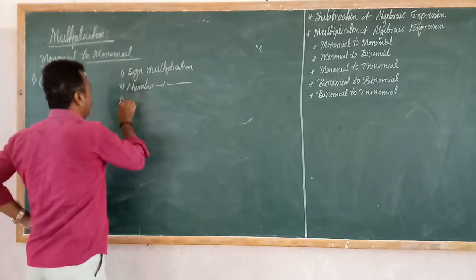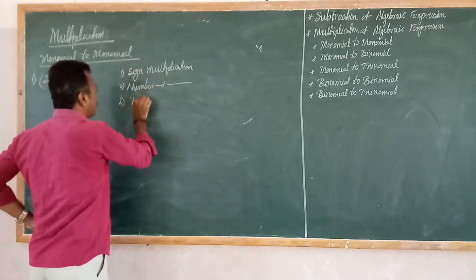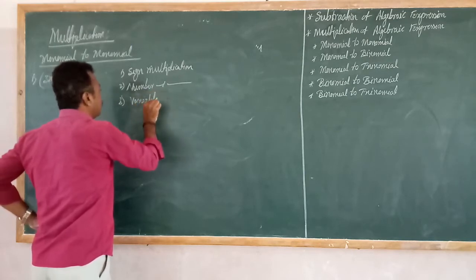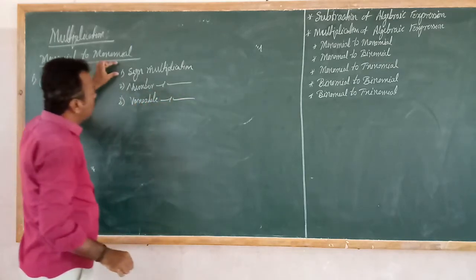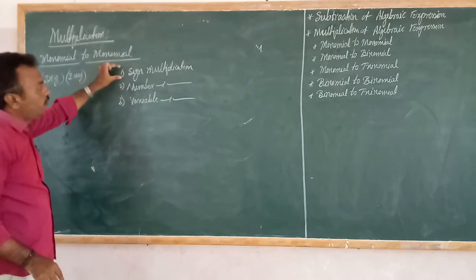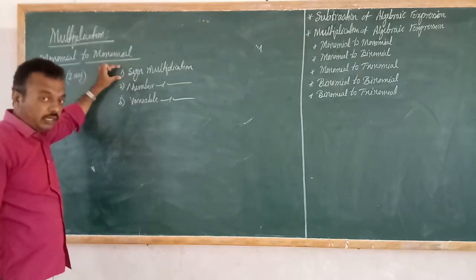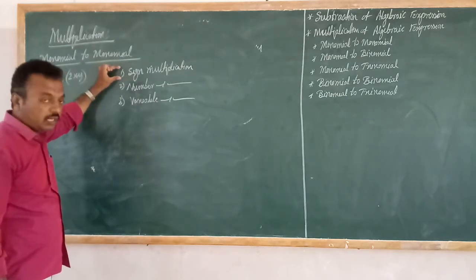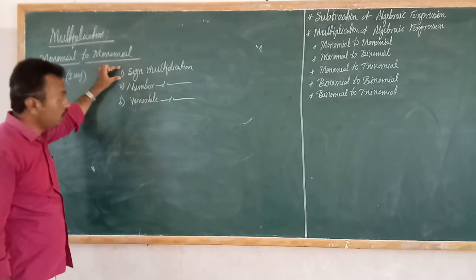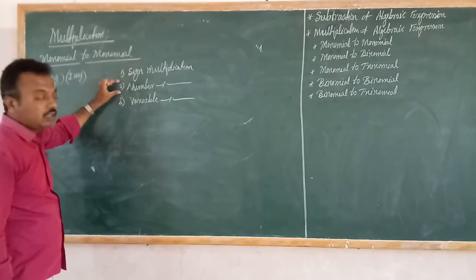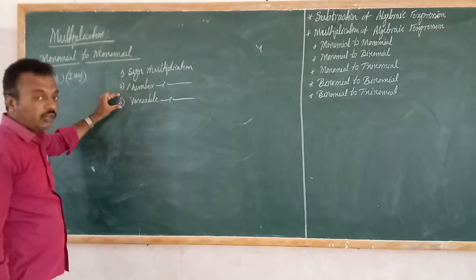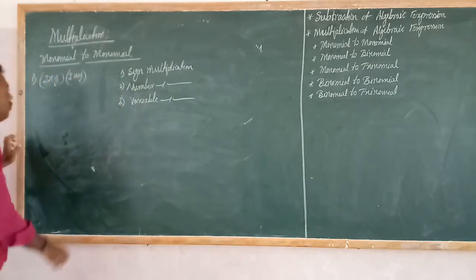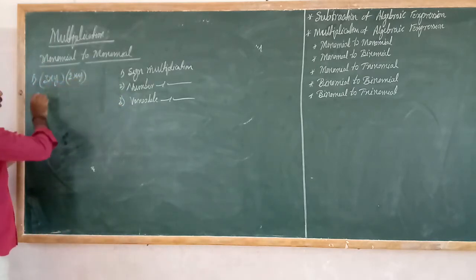After that, variable multiplication. You have to follow these steps when multiplying algebraic expressions. First you do sign multiplication if the signs are different, next number multiplication, after that variable multiplication. So let us take one example: 3xy and 2xy.